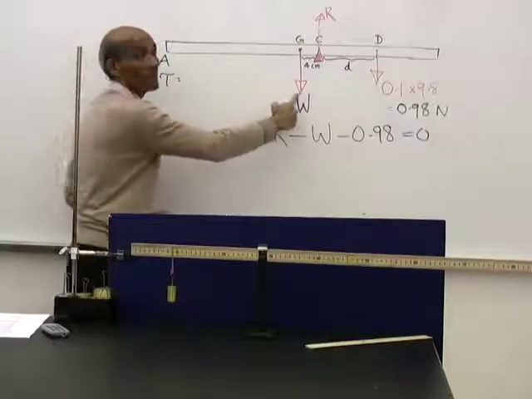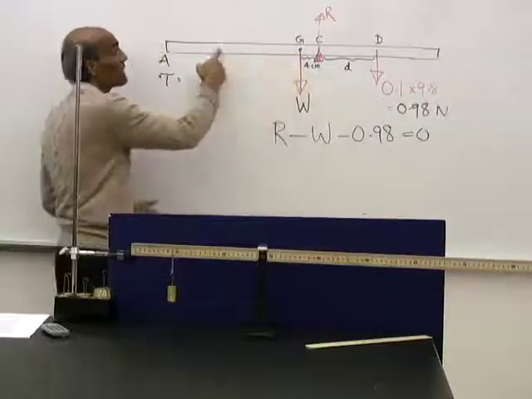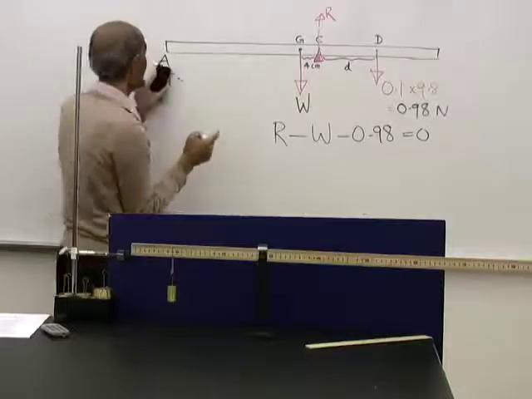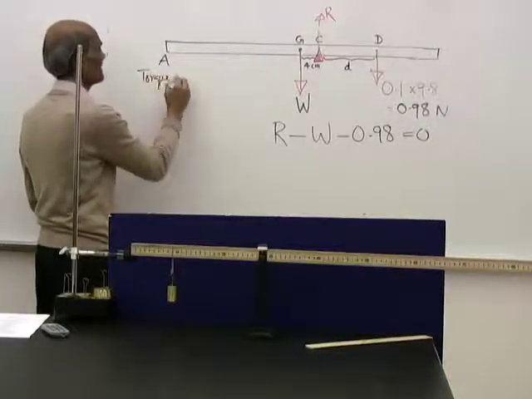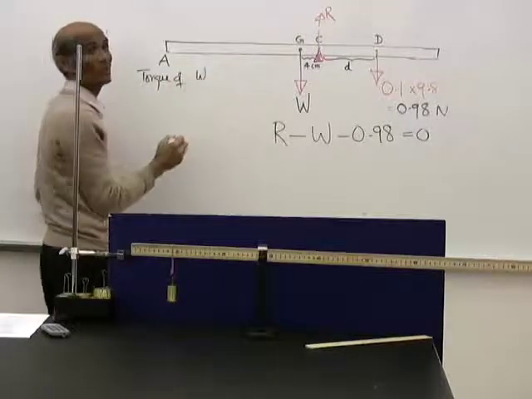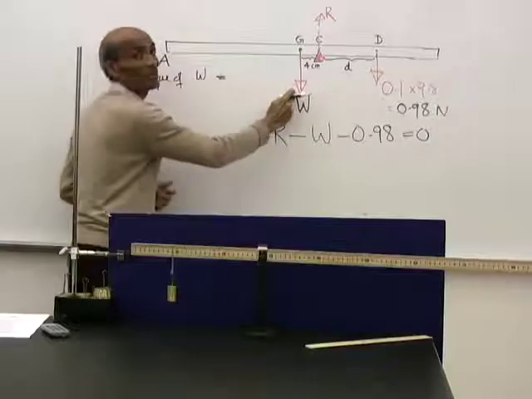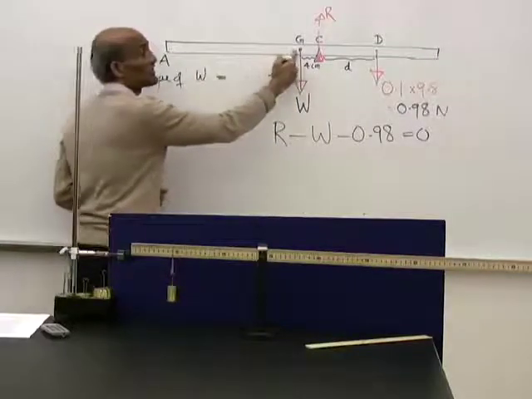So the torque of this force W will be W multiplied by that distance. I'm going to write that in here. Torque of W is W multiplied by this distance. This is the center of gravity.